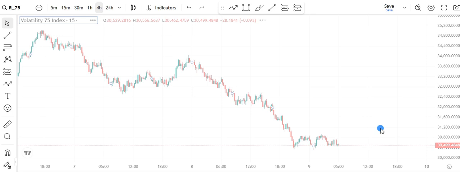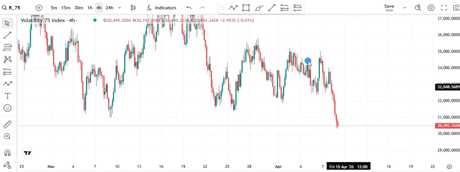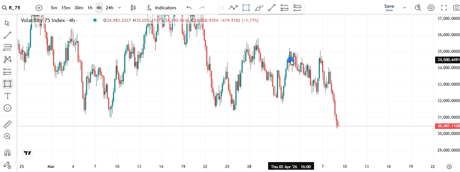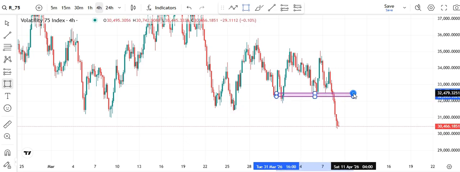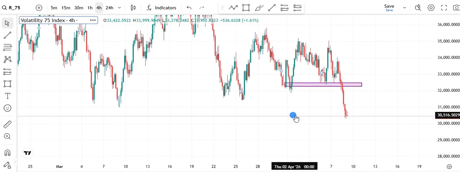We are currently still short on that. Now, where did we go short? We went short around this level, where this is the target we used recently. So we went short, and we are currently still in this trade.